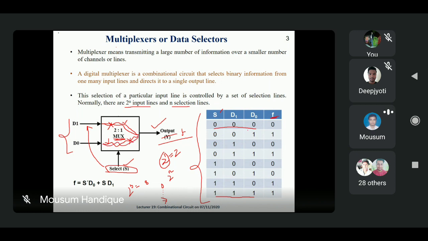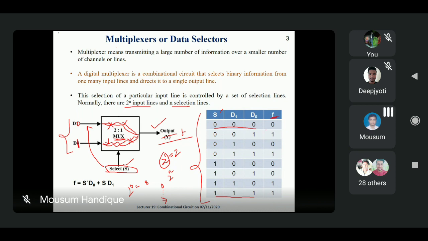Same thing, see here. So when S equal to 0, what is the value of D1? Sorry, here is some problem. Suppose here, sorry, I am writing this one is D0 and this one is D1. Then it is clear.